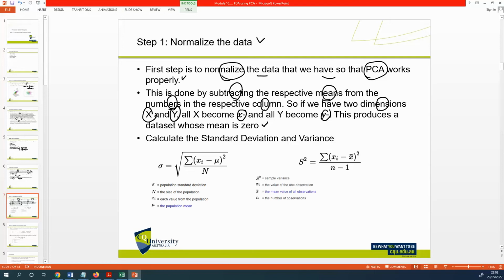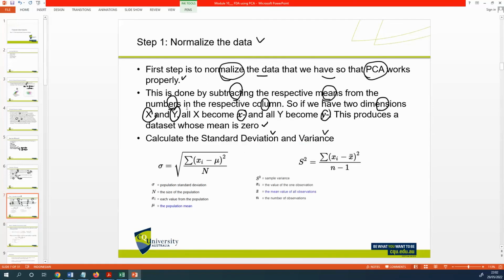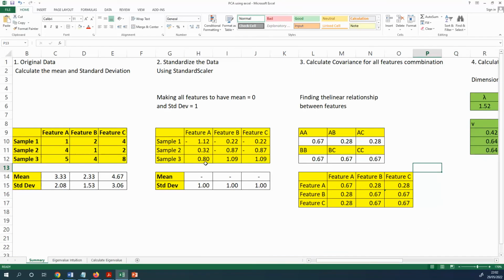So let's start and calculate the standard deviation and variance to normalize the data. So this is the example of the data. There are feature A, feature B, and feature C. These can be financial ratios, and the samples will be the companies.